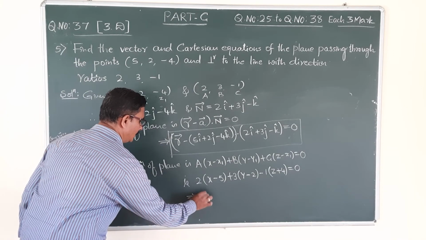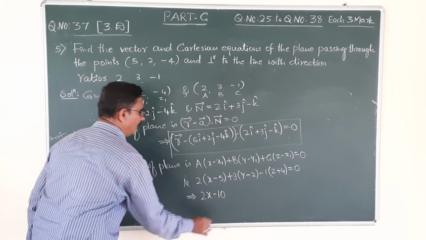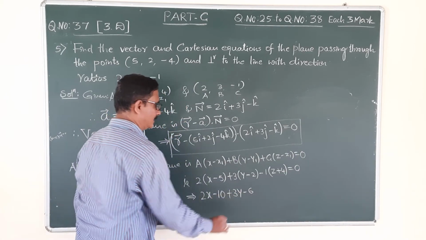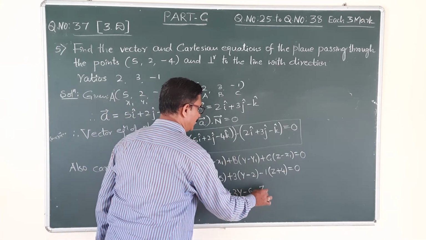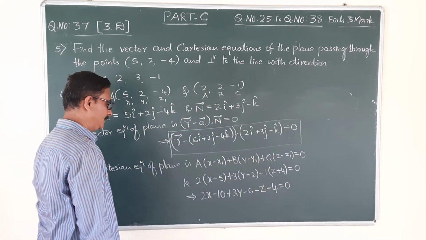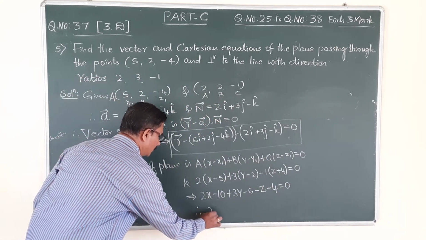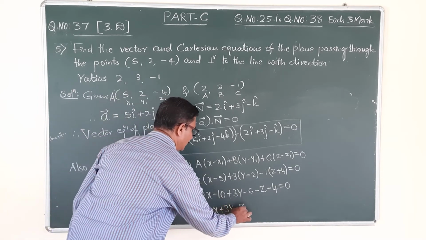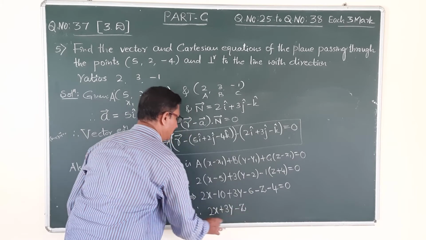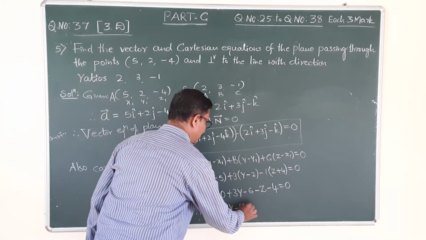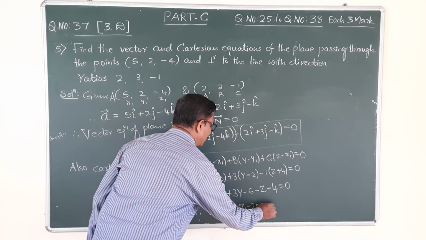Simplify: 2x − 10 + 3y − 6 − z − 4 = 0. Therefore, rearranging, 2x + 3y − z − 10 − 6 − 4 − 20 = 0.